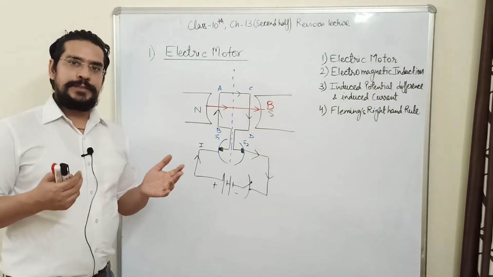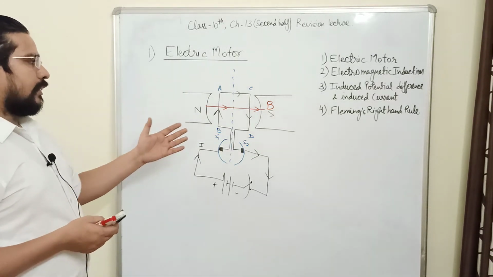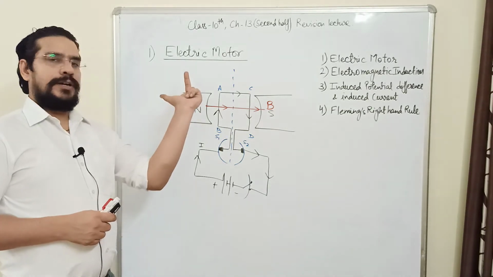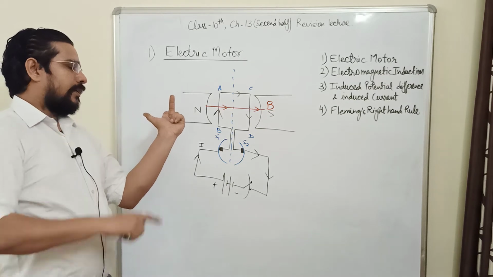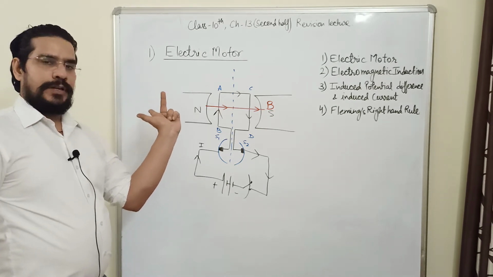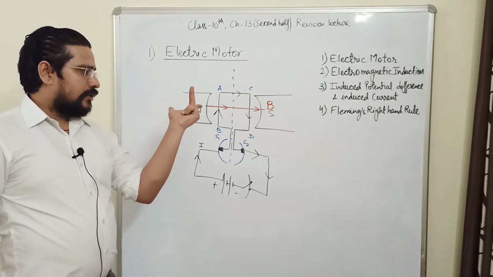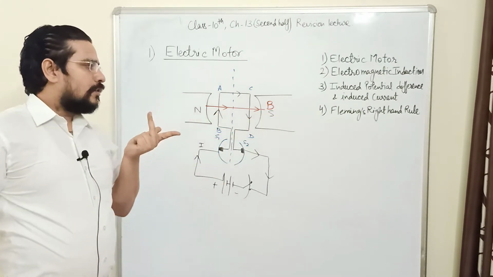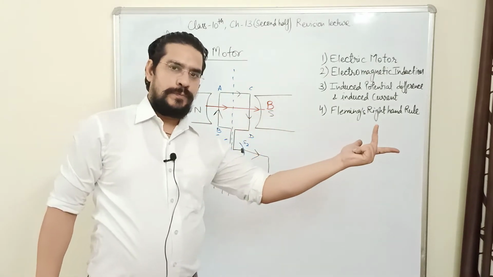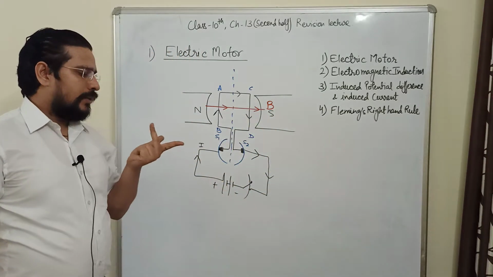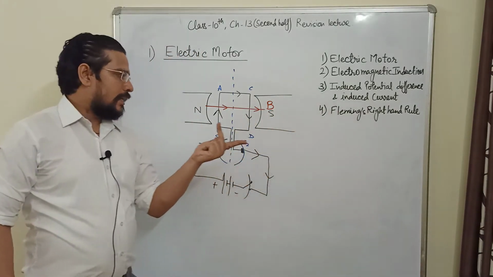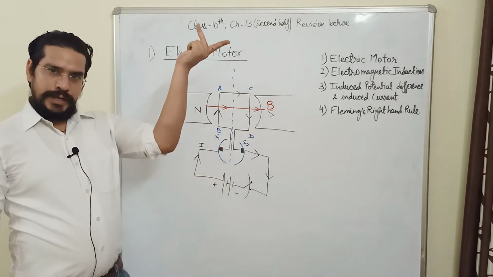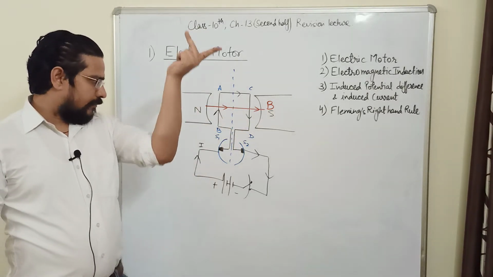Let us apply this Fleming's left hand rule on conductor AB first. The direction of current in AB is in upward direction, so my second finger is in upward direction. Keeping my second finger in upward direction, I adjust the direction of magnetic field in the direction given. So the magnetic field is from north to south pole in the right hand side direction, and current is in B to A upward direction.